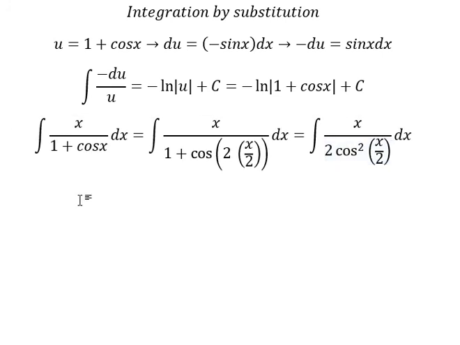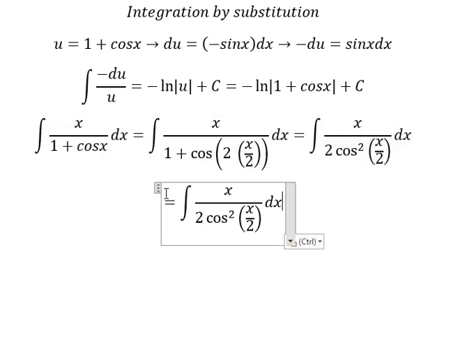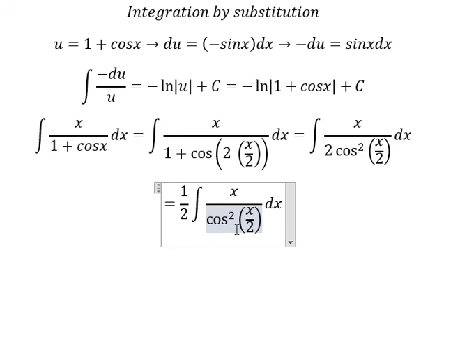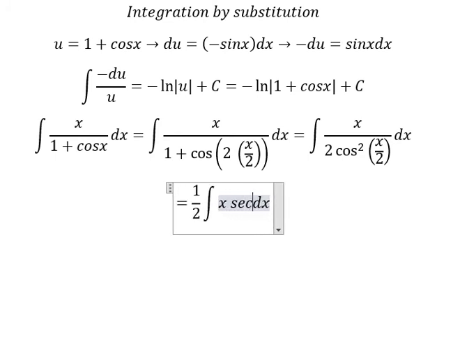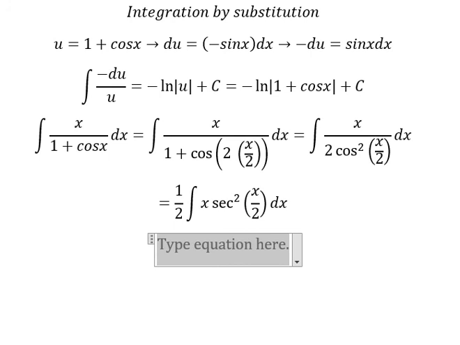And then we have number 2, I will put outside in here. This one we can write as x secant of x over 2 squared. And now we can use integration by parts.